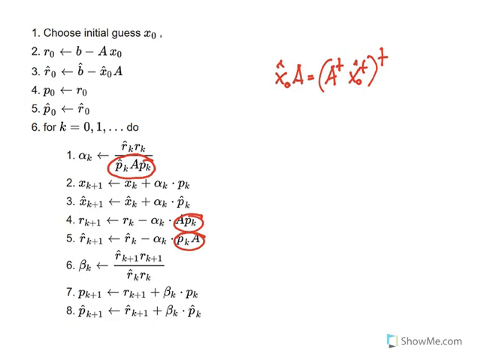And if it breaks down, then that's in general great, because that means you found an exact solution, or you found an invariant subspace if you're determining eigenvectors and so on. In this case, that's no longer the case. This can break down even if you haven't converged.